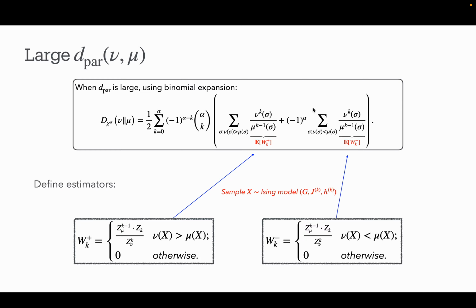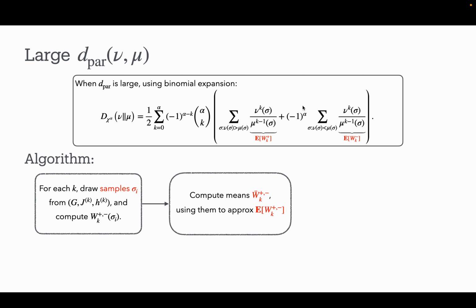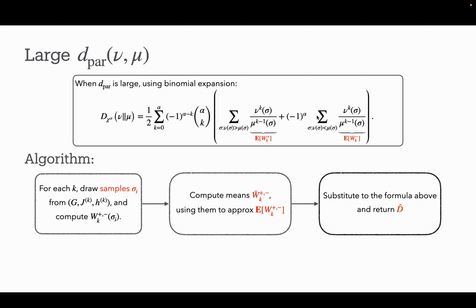So we can sample x from the k-th Ising model and consider the value of the estimators. In our algorithm, for each k we draw samples from the k-th Ising model (G, J_k, H_k) and compute W_k plus or minus of sigma. Then we compute the means of W_k plus and minus, and use them to approximate the expectation. And finally, we substitute this into the formula above and return the estimate of D.